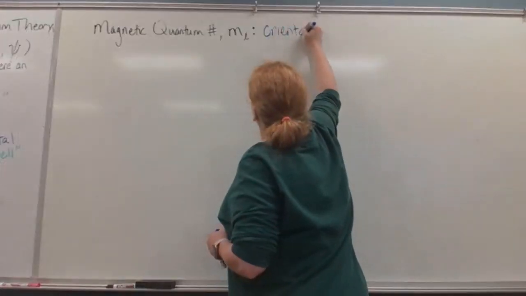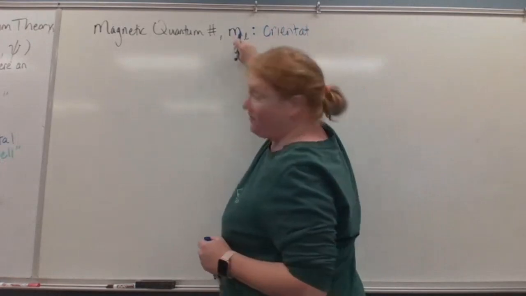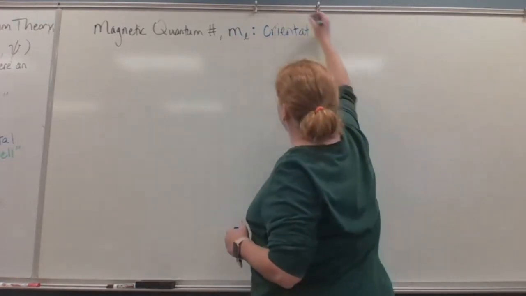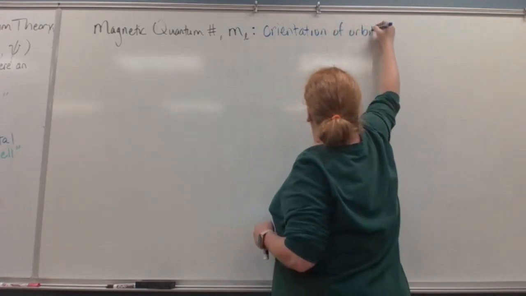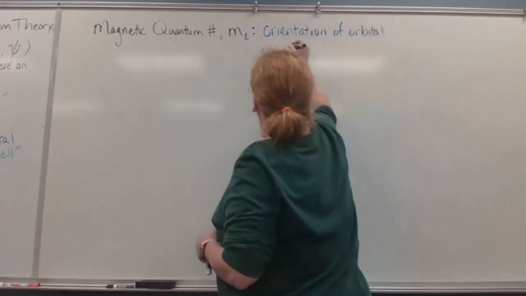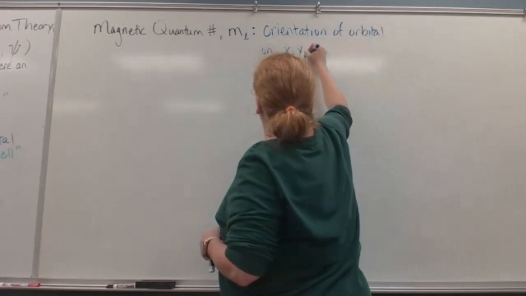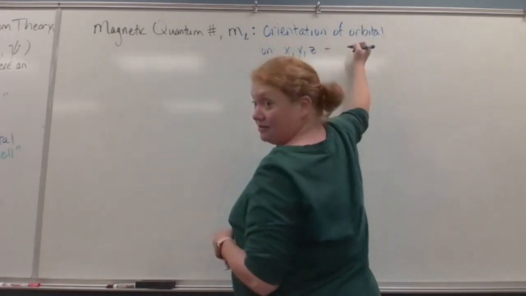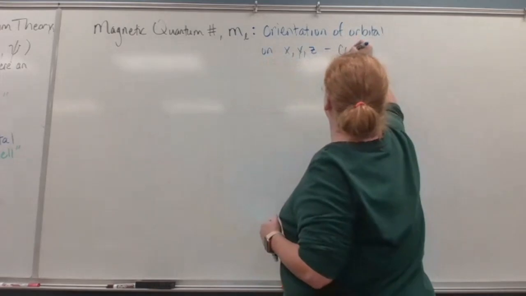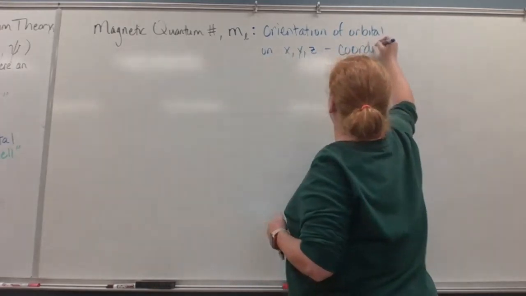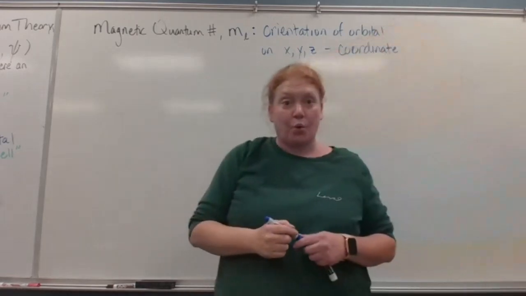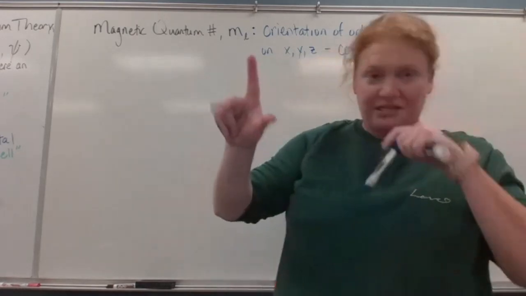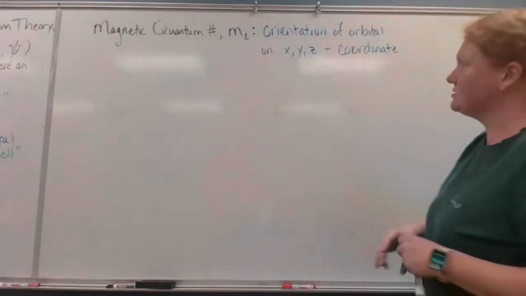So again, the m sub L value will tell us the orientation of the orbital on an X, Y, Z coordinate system. Maybe you know this as a Cartesian coordinate system. That's what it's known as when it's X, Y, Z.